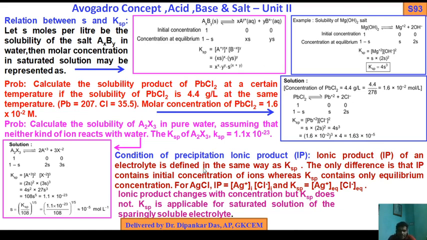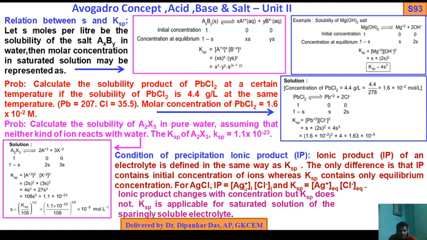of an electrolyte is defined in the same way as Ksp. We have already defined Ksp; you can define the ionic product in the same way. The only difference is that the IP contains initial concentrations of ions, whereas Ksp contains only equilibrium concentrations.